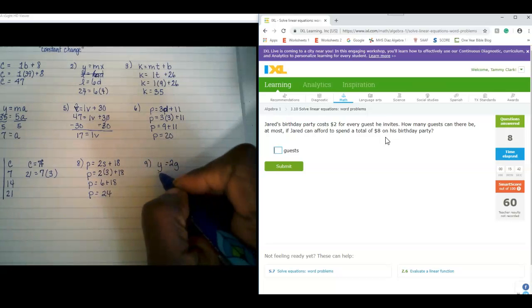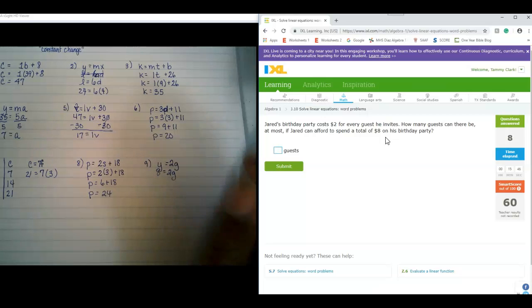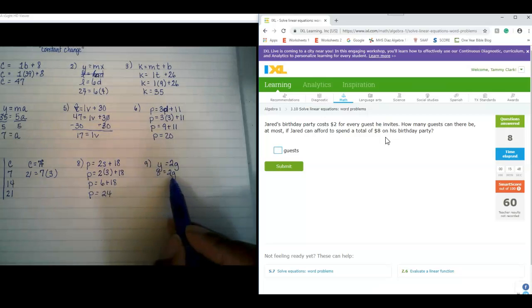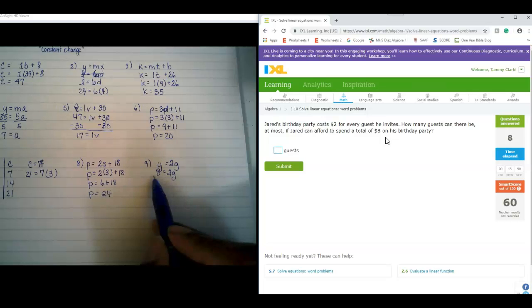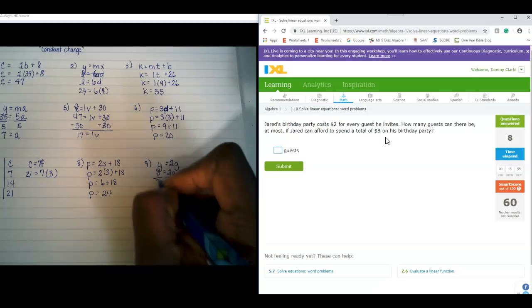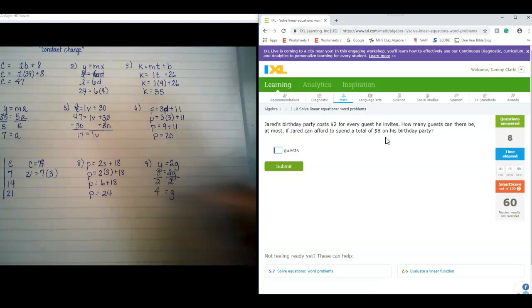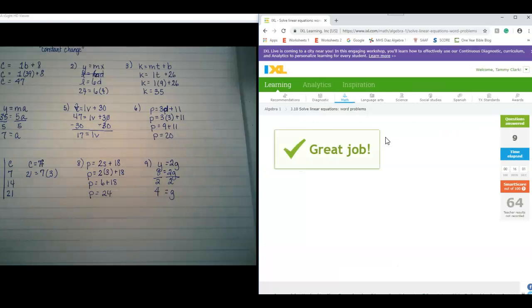So I know he can spend $8. He's got $2 per guest. Well, by inspection, I can just think, what times 2 gives me 8? Well, we know it's 4, and I'll find that out if I divide by 2 on each side of the equation. So the number of guests he can invite would be 4.